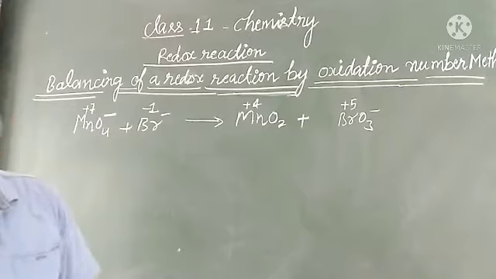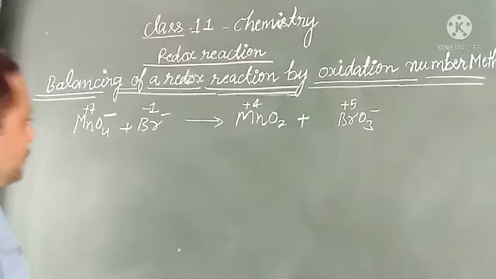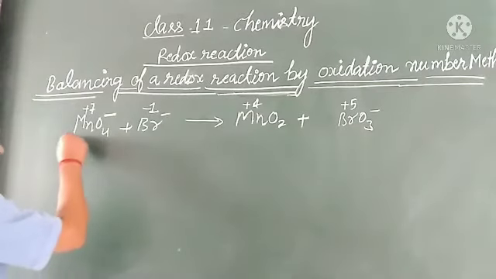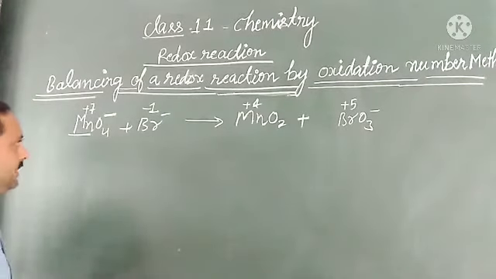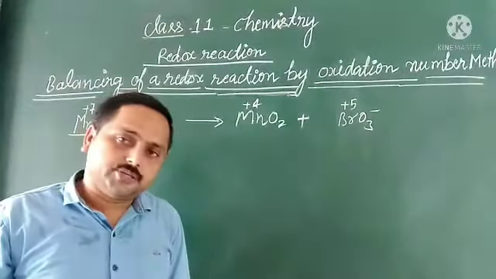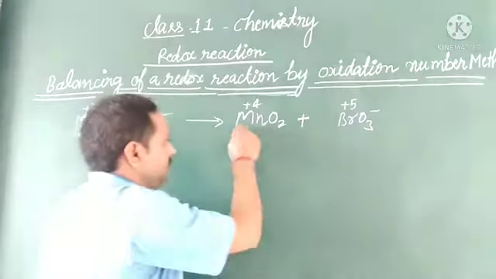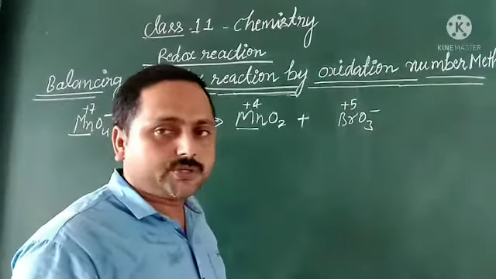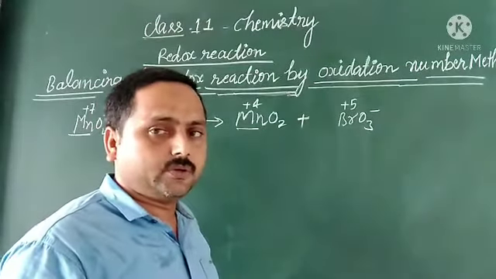So we will check where oxidation and reduction are happening. Mn plus 7 is changing to Mn plus 4, meaning the oxidation state is decreasing.